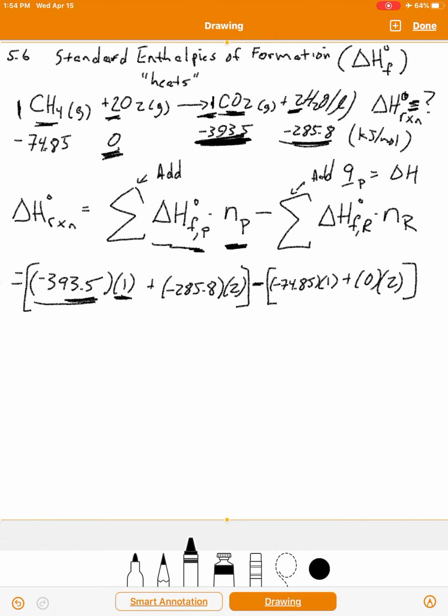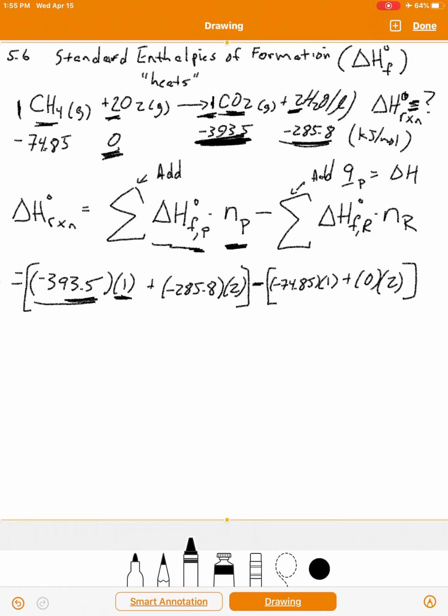Okay? Now, if we go ahead and calculate this out, you're going to add up the products first. So be careful. There are signs in here. Sometimes they're positive, sometimes they're negative. More generally, they're going to be negative.